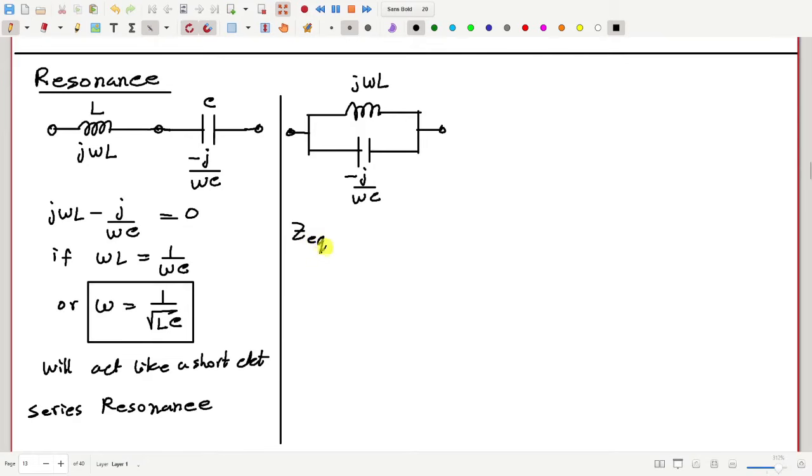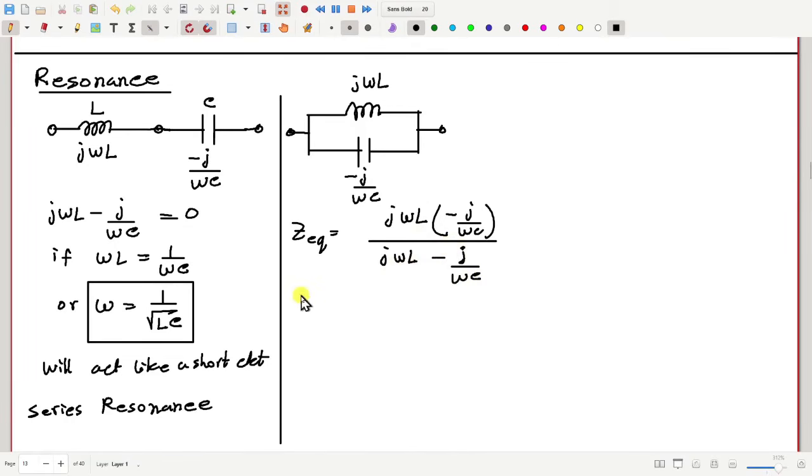That will be the product of the two divided by the sum of the two, and again the two terms in the denominator can cancel each other and make the denominator 0.